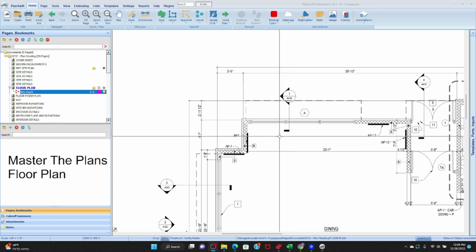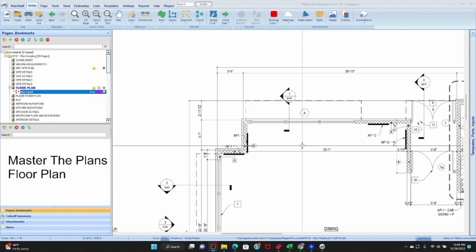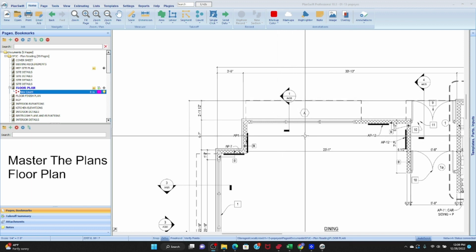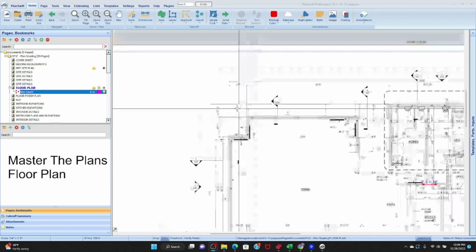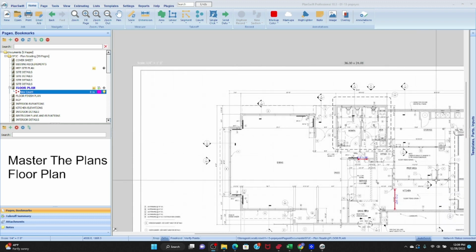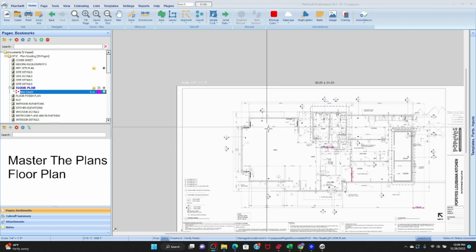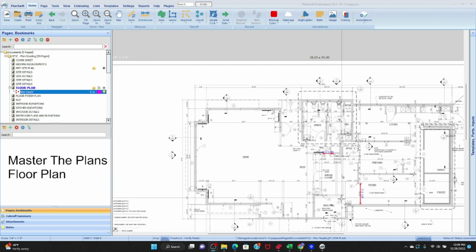We can determine the height of the wall under the window, and we can determine the height of the wall above the window. And that's very important once we get to section view. But right now we're just covering the plan view and the floor plan.